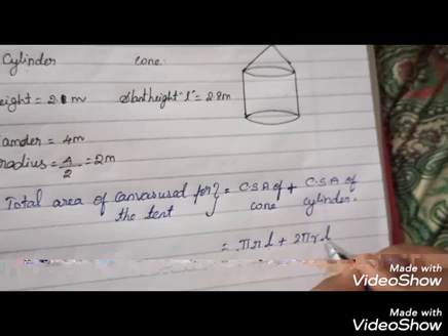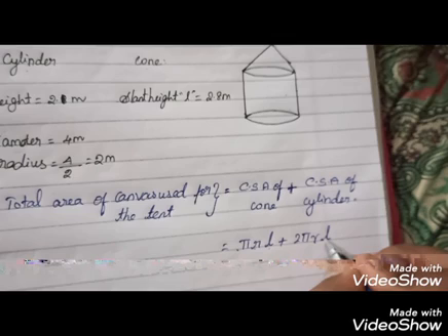Total area of the canvas used for the tent, which is equal to 44 meter square.